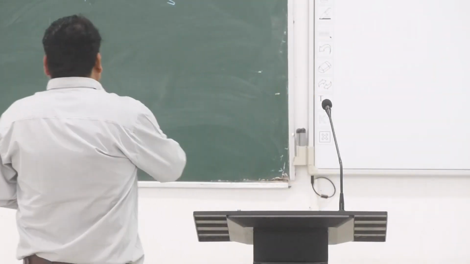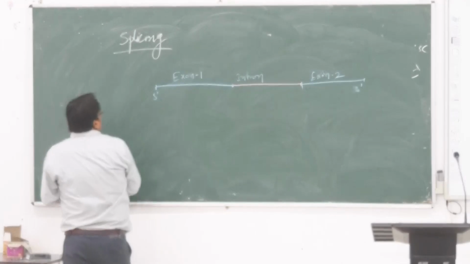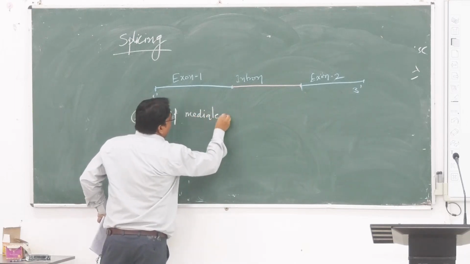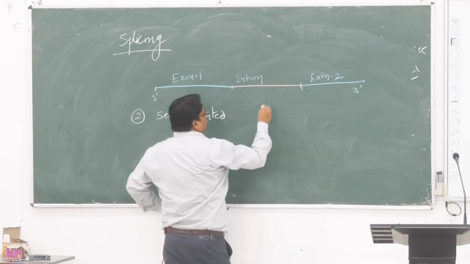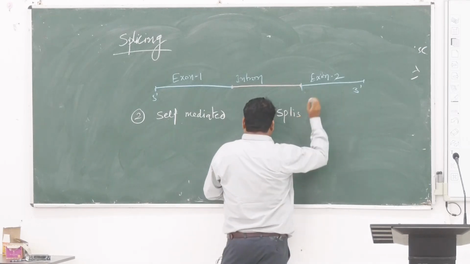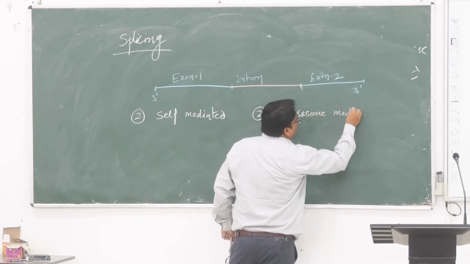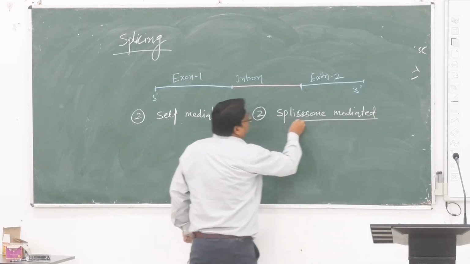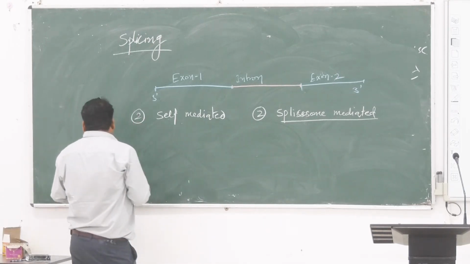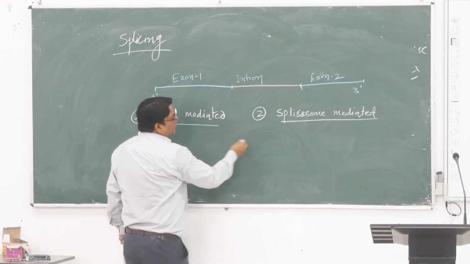The first one is self-mediated, and the second type is spliceosome mediated. Now we will complete both of these one by one.